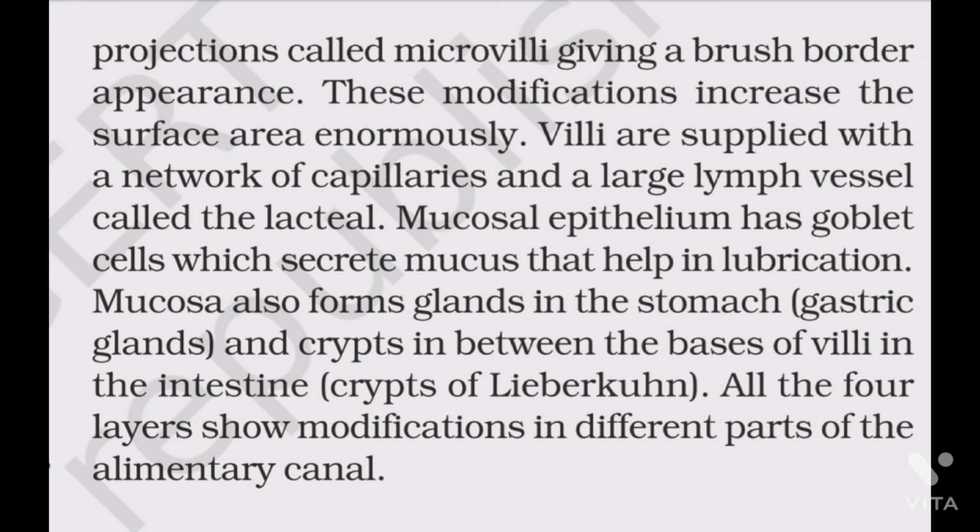Mucosal epithelium has goblet cells which secrete mucus that helps in lubrication. Mucosa also forms glands in the stomach, gastric glands, and crypts in between the base of villi in the intestine, crypts of Lieberkühn. All the four layers show modification in different parts of the alimentary canal.